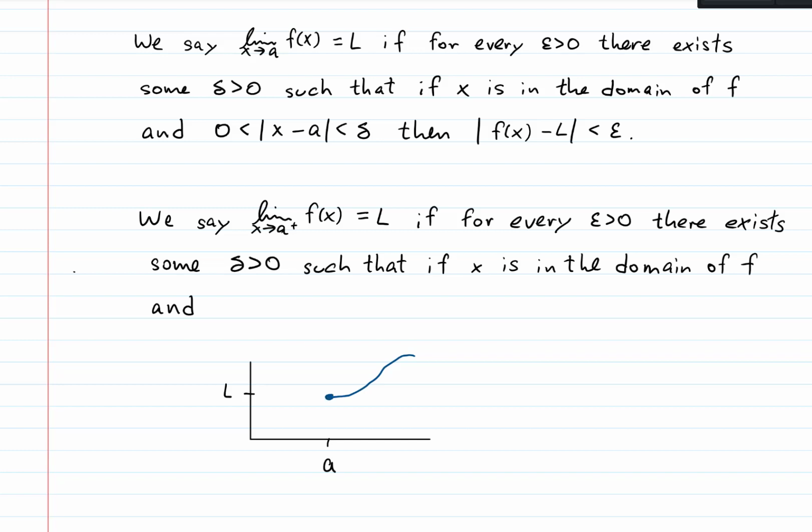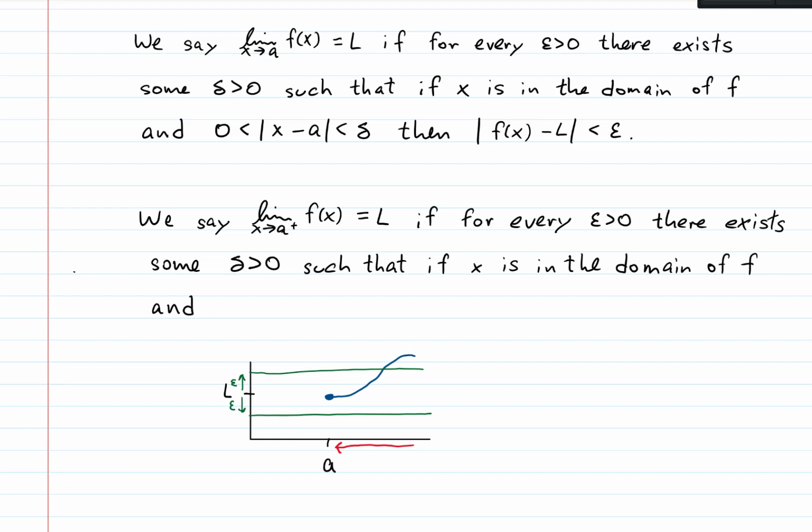So maybe something like this. Okay? So what we're trying to say is that here's our margin of error. Okay? The distance of epsilon on each side of L as x approaches a from the right.